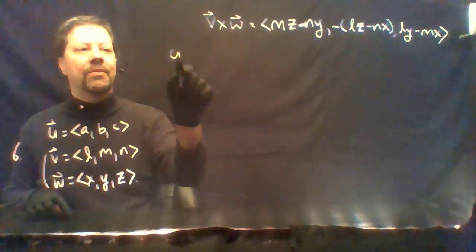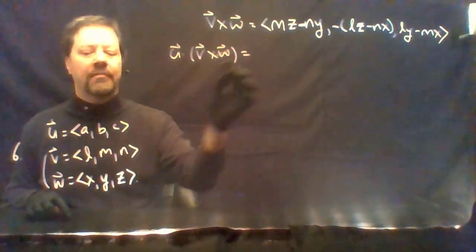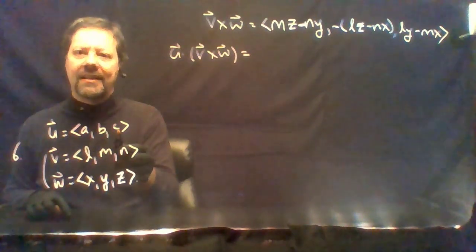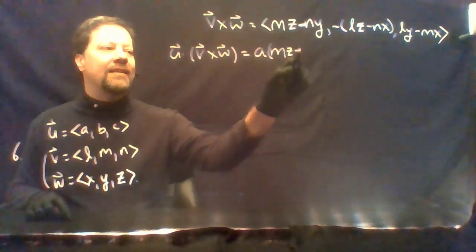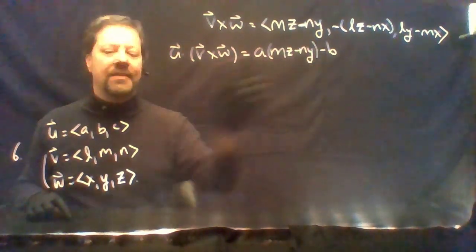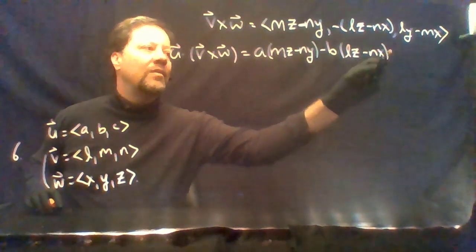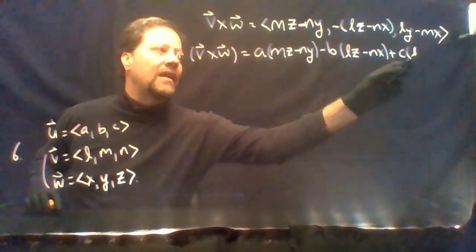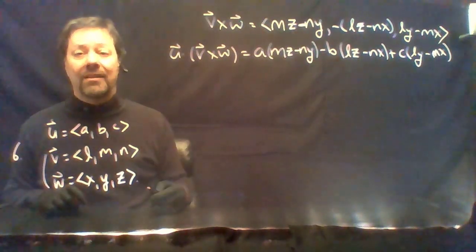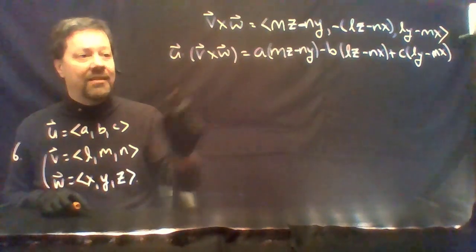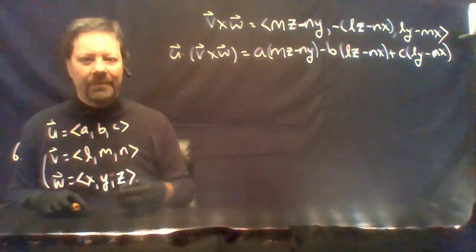If we dot that with u, we're dotting with A, B, and C. So we end up with A times MZ minus NY, minus B times LZ minus NX, plus C times LY minus MX, scalar. So we've calculated the scalar triple product u dot v cross w.